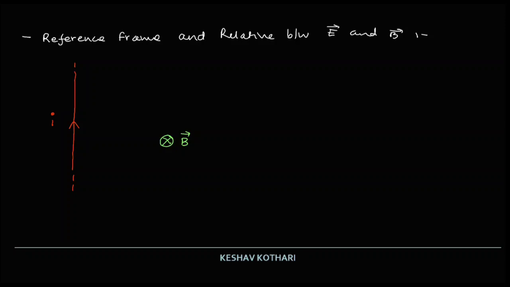The first reference frame will be the observer standing on the ground, whom I am calling S, and my second observer is in this elevator. He is S1 and he is moving with a speed V in the upward direction. So we have the two observers S and S1.